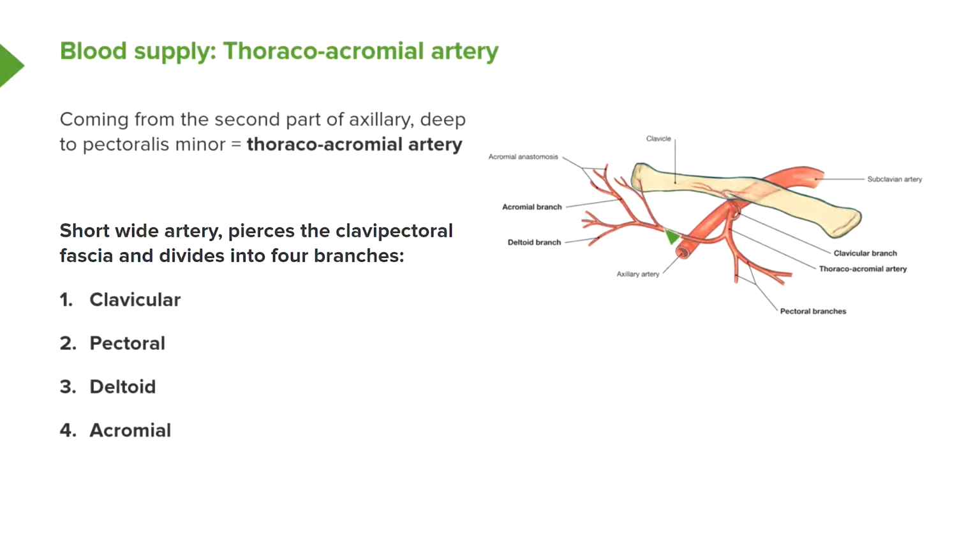It has a deltoid branch, and it goes up towards the acromion, the acromial branch, where it can form again numerous anastomoses around the scapula. So the thoracoacromial artery comes off the axillary artery, from its second part.